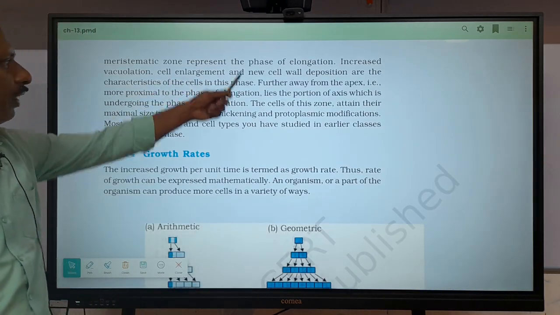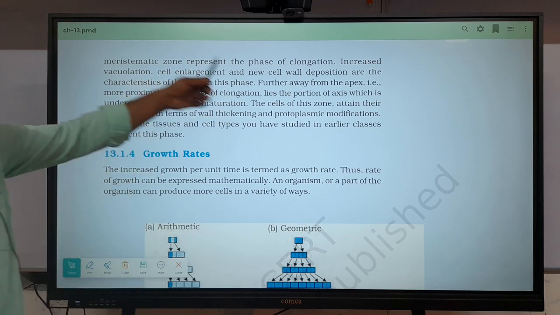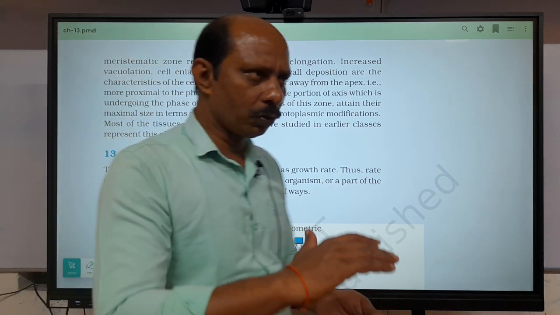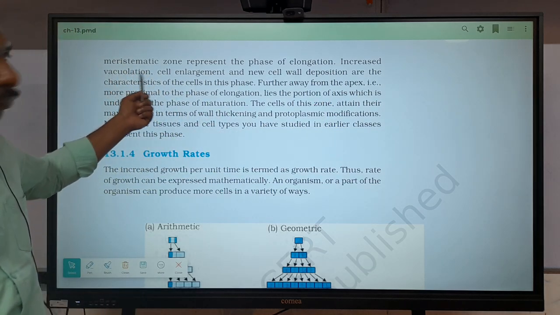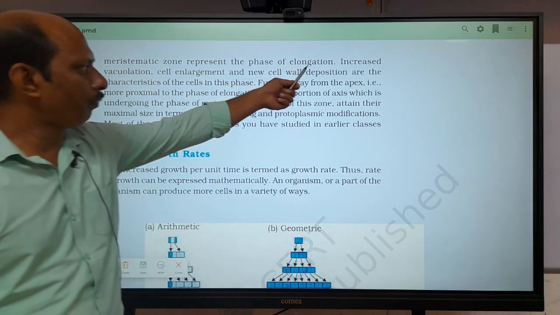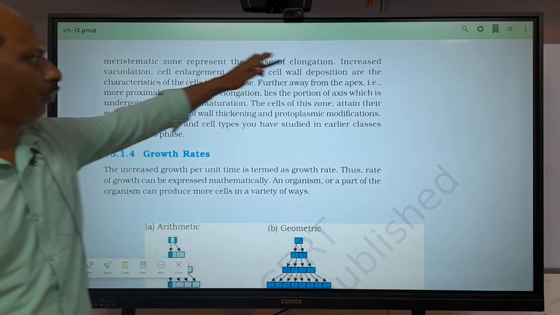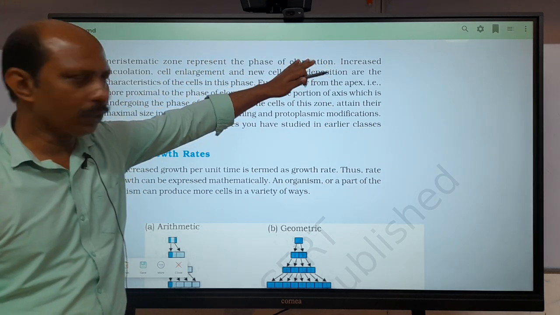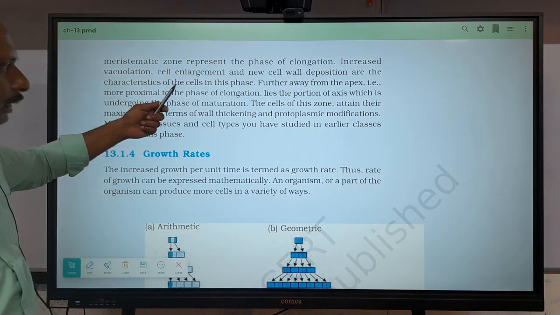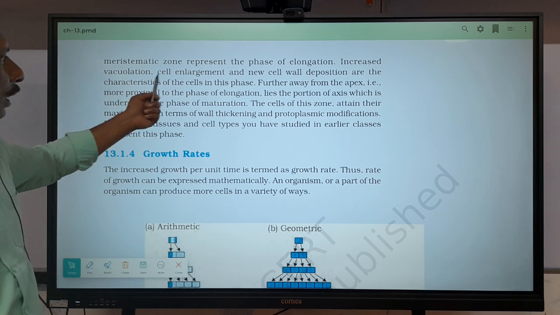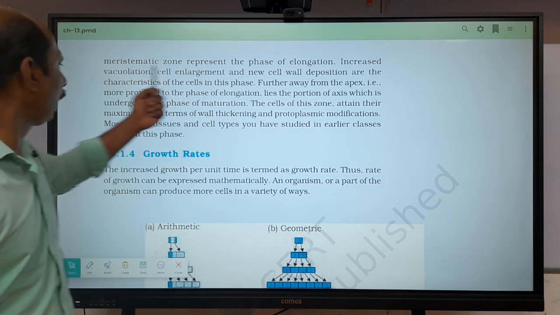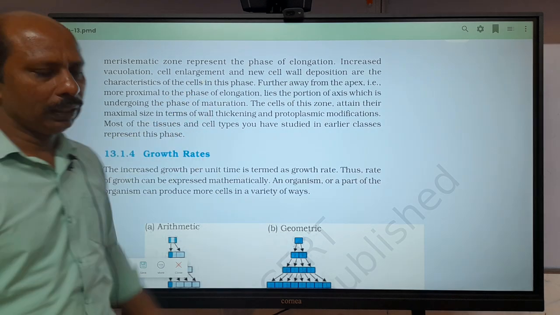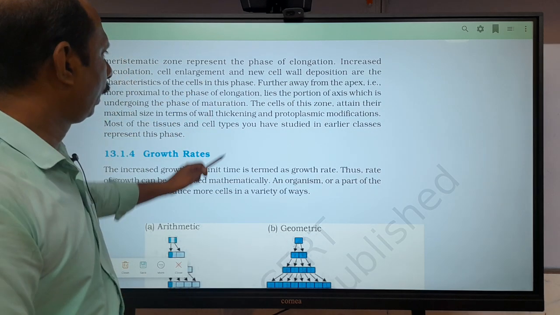After the meristematic zone we have the phase of elongation and increased vacuolation. The cells present in the region of elongation show increased vacuolation, cell enlargement and new cell wall deposition as characteristics in this phase, right.